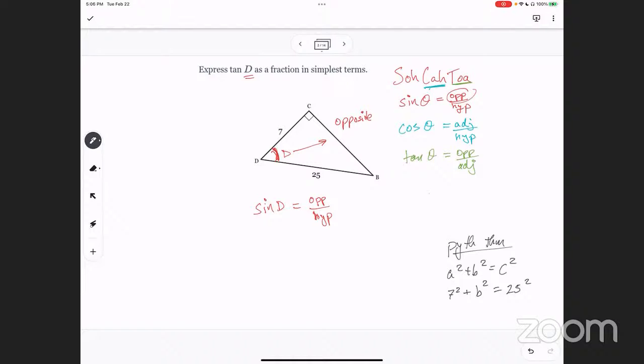Do you know what very common Pythagorean triples are? Not really. Have you heard of 3, 4, 5? 3, 4, 5, yeah. Can you think of any other ones? Not really, no. So it's good to memorize them because then you don't have to do this. If you knew the Pythagorean triple, you would know that 7, 24, 25 is one of them.